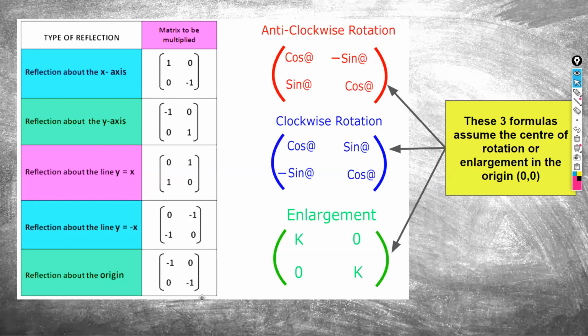So you could imagine the headache that it causes in the exam. And to make matters even worse, look at these values here. Look at these matrices here. You all can agree that they almost look the same. Look at the reflection in the x-axis versus the reflection in the y-axis.